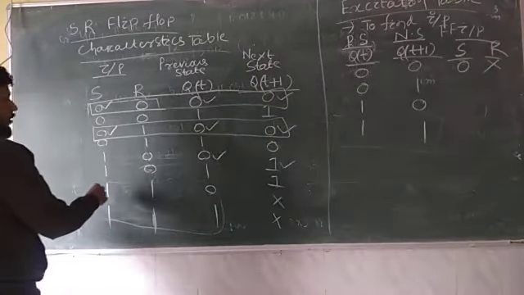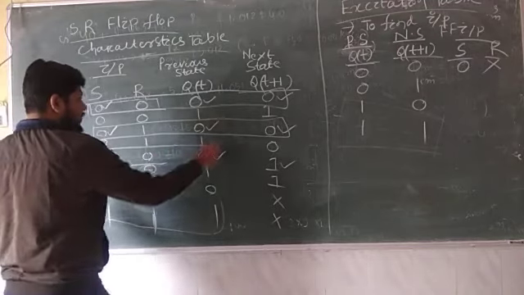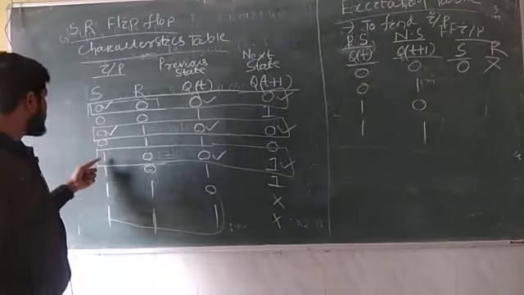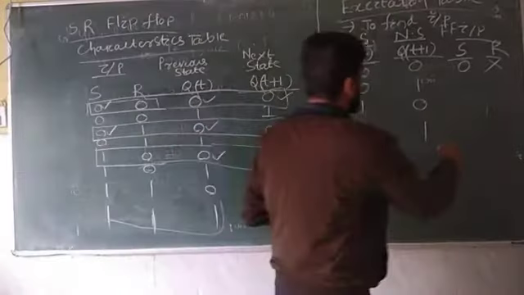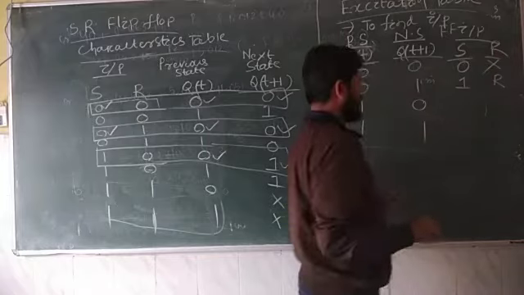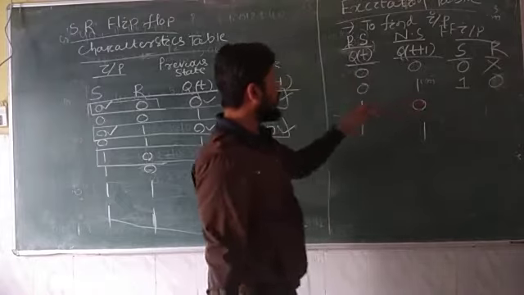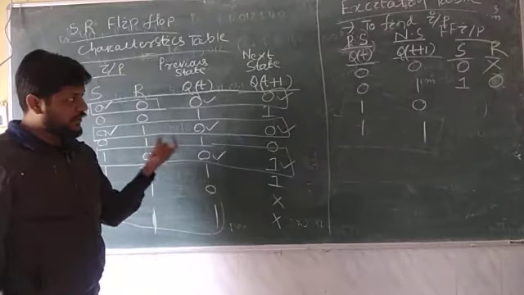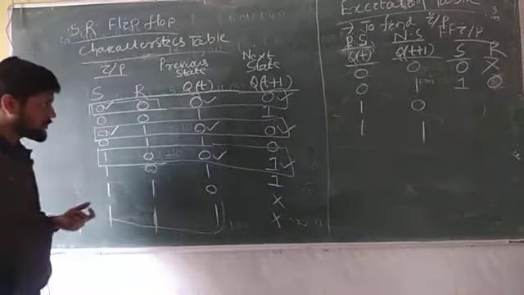So this is the case, for S equal to 1 and R equal to 0. For this input only, your Qt changes to Qt+1, Qt is 0 and Qt+1 is 1.